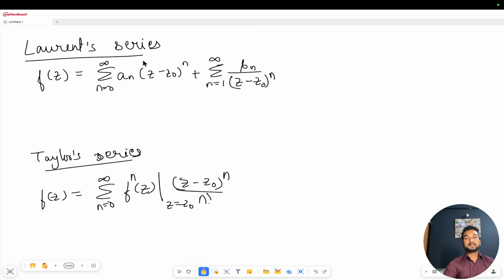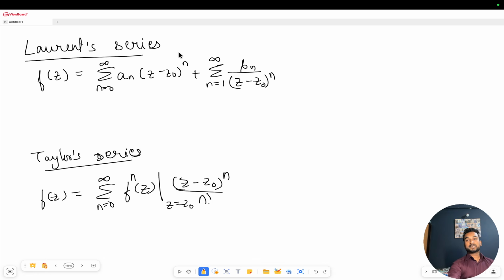So you can see that in Laurent series there are some negative powers of z. Okay, so if you have negative powers of the complex variable, then it is a Laurent series.